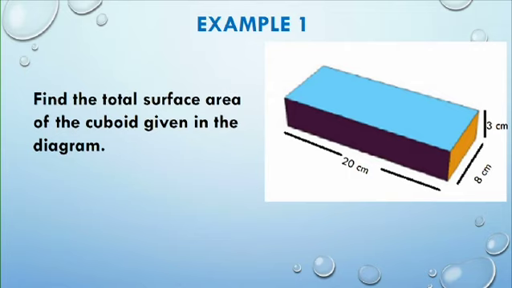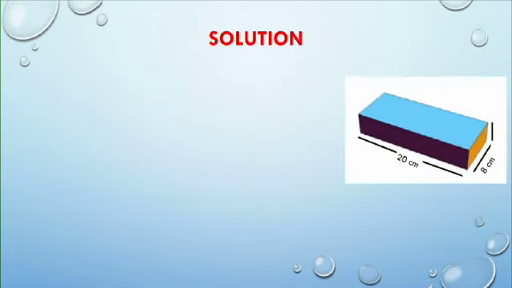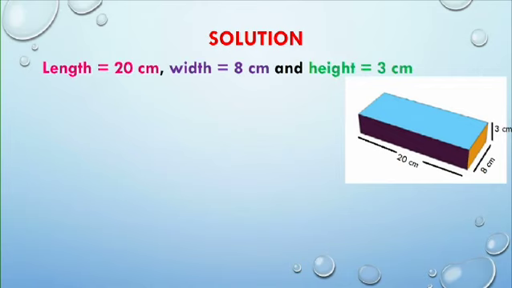We now move on to an example. Find the total surface area of the cuboid given in the diagram. So if we consider this example, we see that the length is 20 centimeters, the width is 8 centimeters, and the height is 3 centimeters.